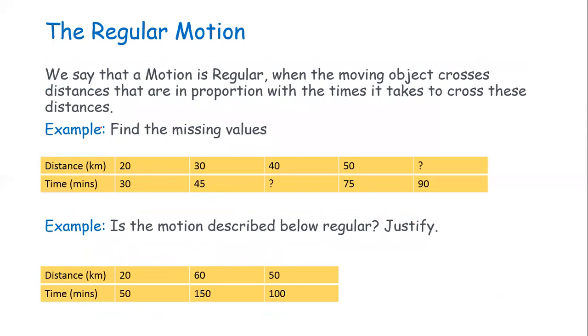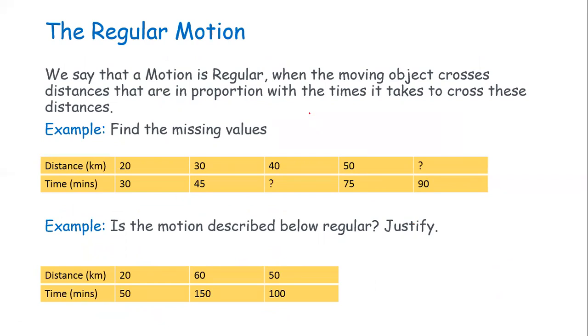Now we move to the concept of the regular motion. We say that a motion is regular when the moving object crosses distances that are in proportion with the times it takes to cross these distances.